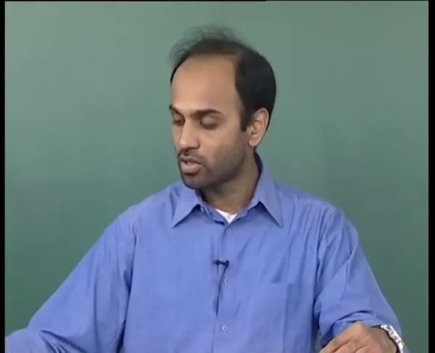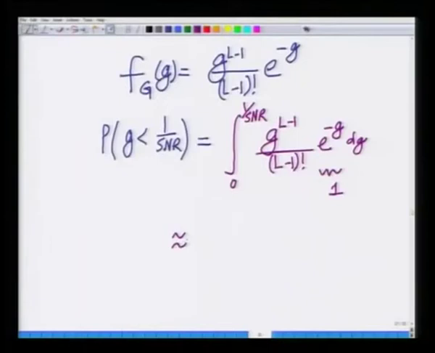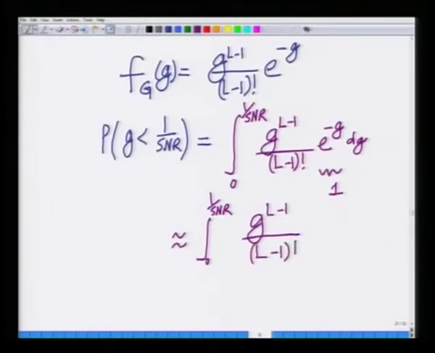So, e power minus g is approximately equal to 1, which means this integral is approximately the integral from 0 to 1 over SNR of g power L minus 1 divided by L minus 1 factorial dg. Now, the integral of g power L minus 1 is nothing but g power L divided by L, and L times L minus 1 factorial is nothing but L factorial. So, this is g power L divided by L factorial between the limits 0 and 1 over SNR.